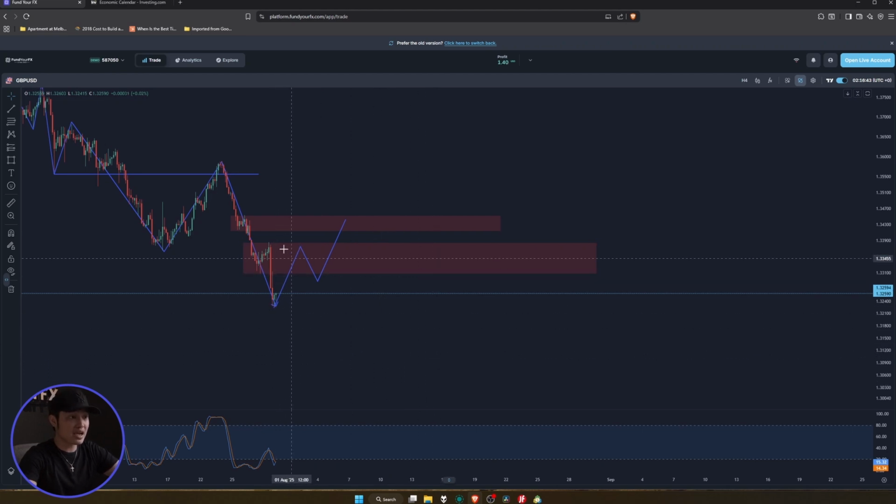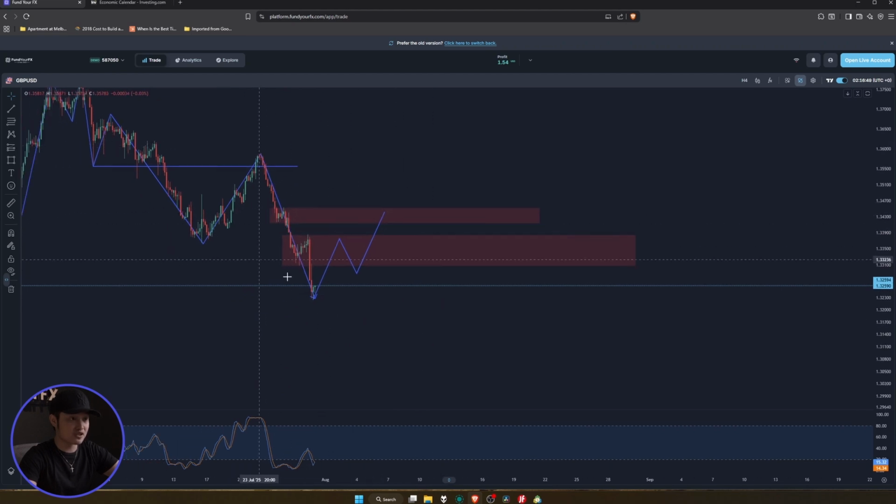You should keep an eye on these areas that I have plotted for you, the supply zones, the first one and the second one. The first one is pretty strong because it is support that will become resistance, and this is quite a strong supply zone.